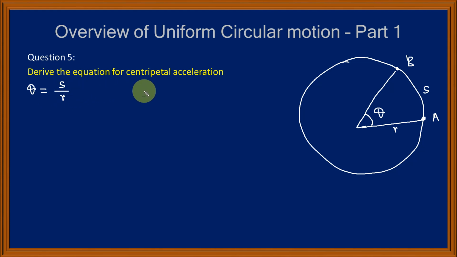Now, the unit of pressure is newtons per meter squared, or pascals. The same thing happens here. The unit of angle is radians. I know you have measured angles in degrees. It's high time you learned that the SI unit of angle is the radian, abbreviated as rad.